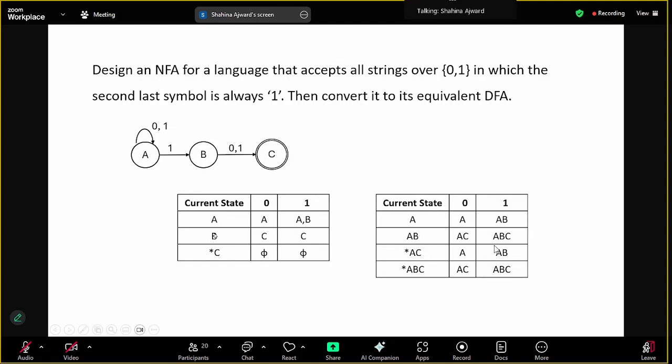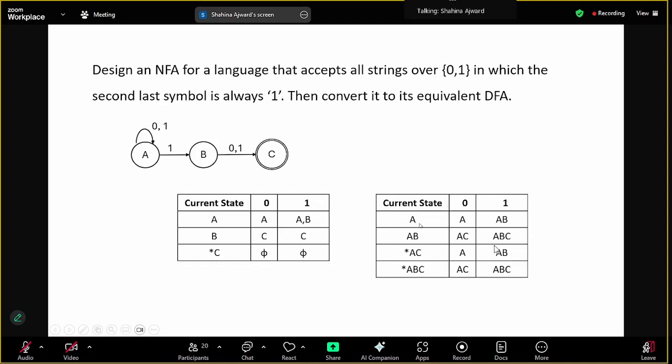So this is the state transition table of the DFA that is equivalent to this NFA, right? Here you can see we start from A, right? For A, if we have 0, it goes to A. For A, if it receives 1, it goes to A and B. So we write a new state as AB, right?